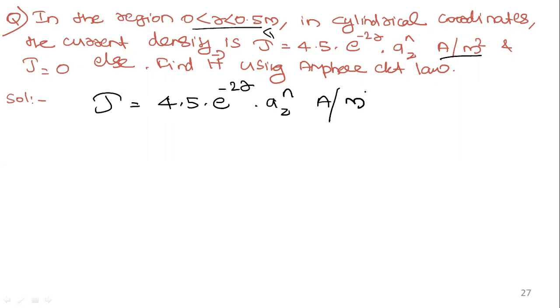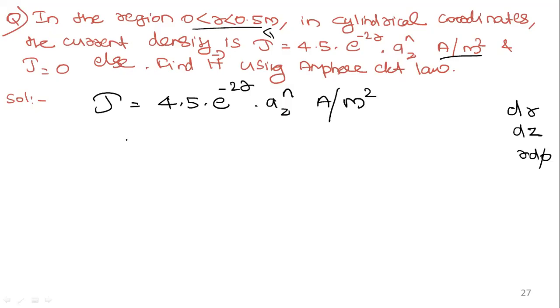So we have J is equal to 4.5 into e raised to minus 2r into AZ ampere per meter square. And since it's a cylindrical surface, just recollect the cylindrical differential lengths: we have studied dr, dz, then r d phi. I hope you remember all these things we made clear for you. Ampere circuit law means we should apply H dot dl, so we need dl.